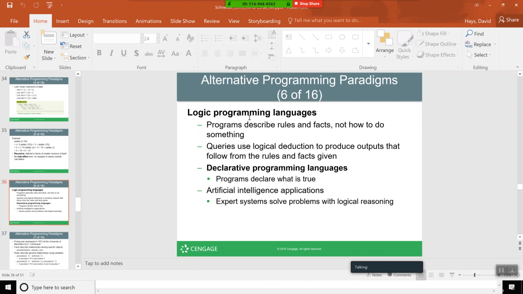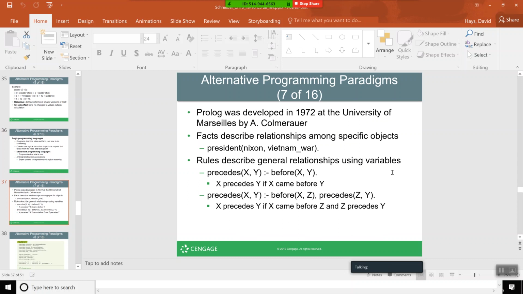Logic programming languages. Programs describe rules and facts, but not how to do something. I haven't done anything with those, besides maybe some basic ones in that introduction to digital design. Prolog was developed in 1972, and that established relationships.